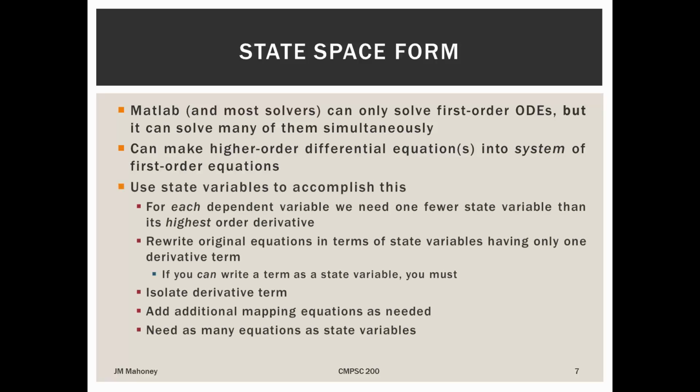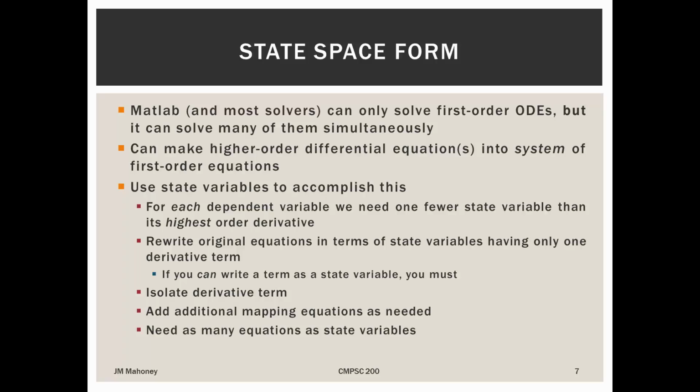So we need to use state variables to accomplish this. So what we have to look at is what are the independent variables we have in our equation or equations. In the two examples we looked at so far, we only had one dependent variable and their derivatives, and then the one independent variable, time.